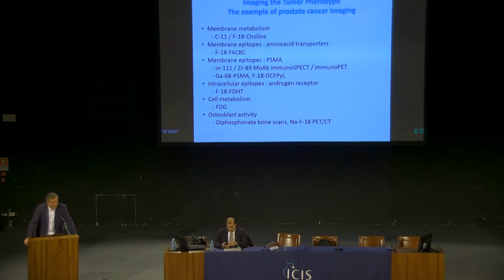CT and bone scan are in because all the clinical trials on the drugs that are routinely used for treating patients with metastatic prostate cancer have been done staging and restaging the patients with CT and bone scan.